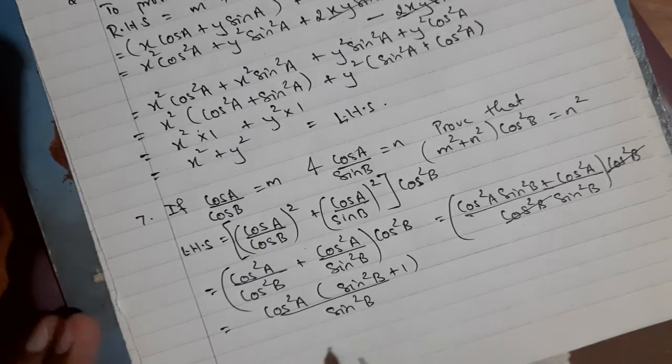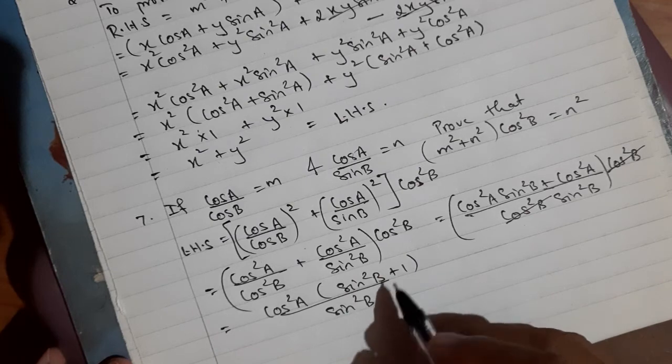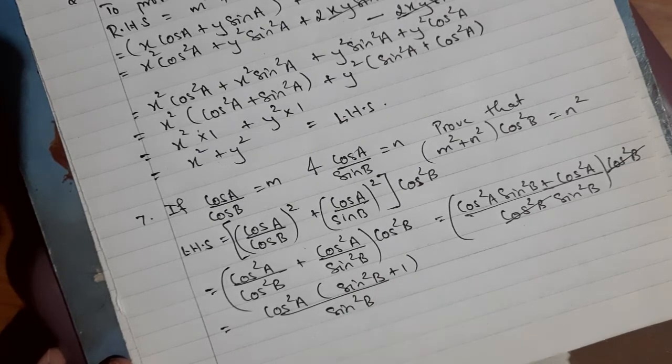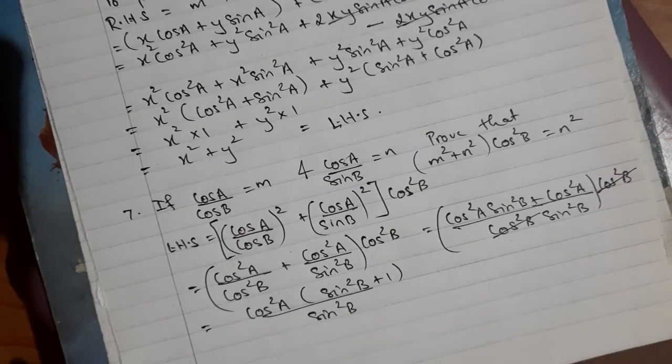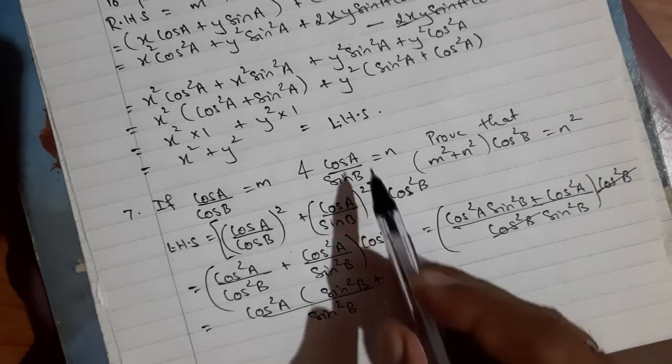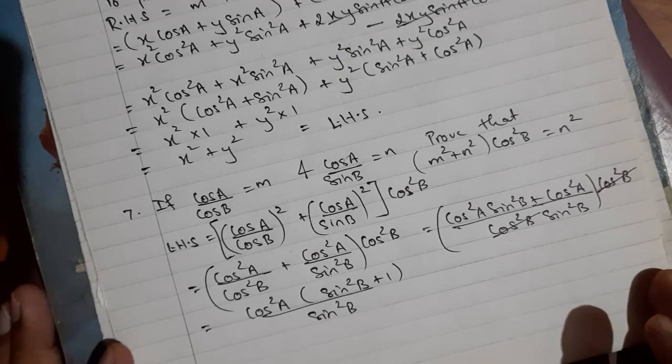So what we are having is cos square a upon sin square b, and here sin square b plus 1 that we got. And what they are asking us to prove is that it is equal to n square. So n square we have cos a upon sin b. That means this has to be cancelled. How it is going to be cancelled, we will see now.